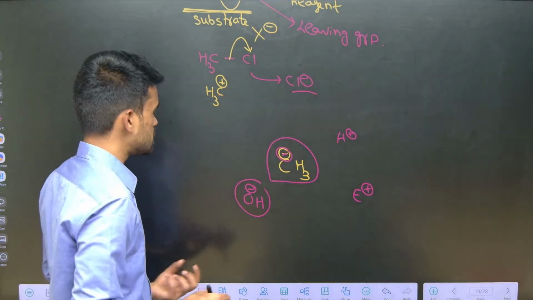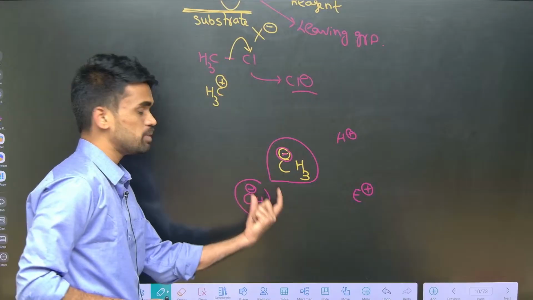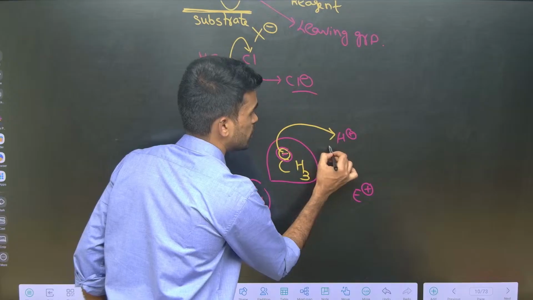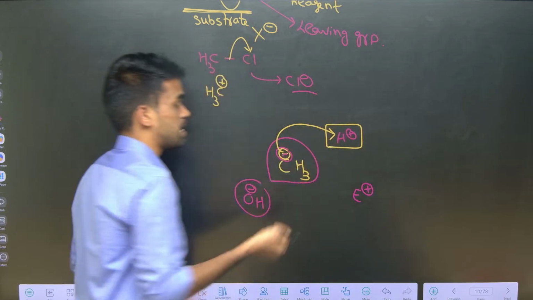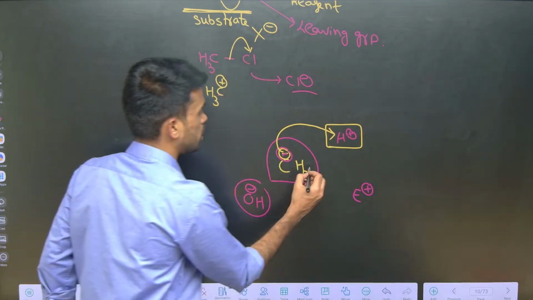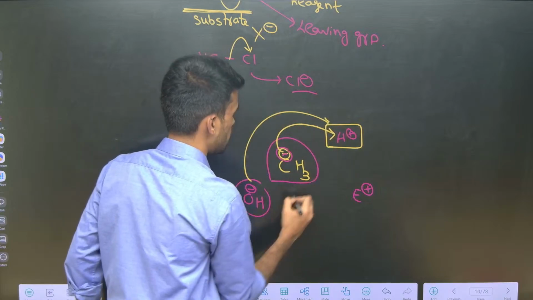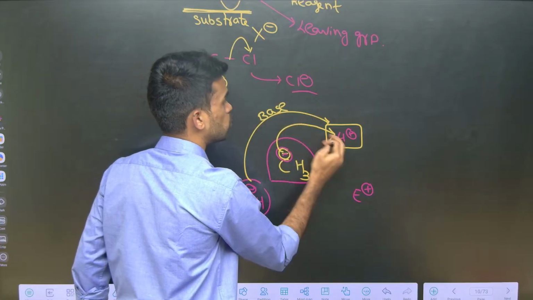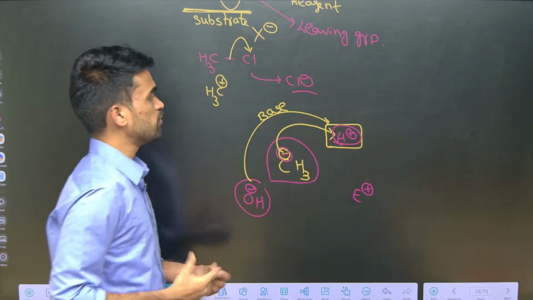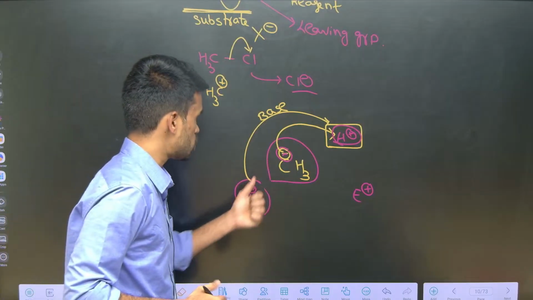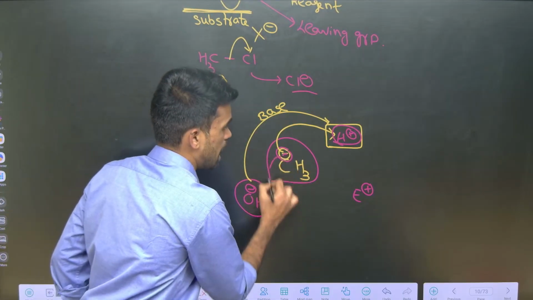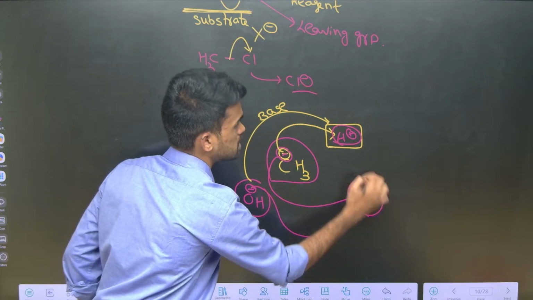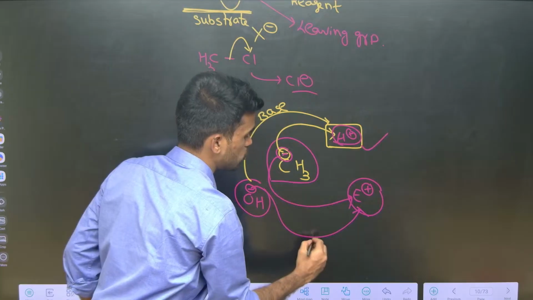You can say a negatively charged species is a base when it is abstracting a proton. When it is attacking or accepting a proton, you should call it a base. If not a proton, when these negatively charged, electron rich species attack electron deficient sites other than a proton, you can call it a nucleophile.